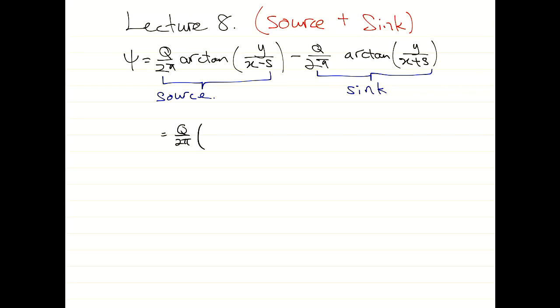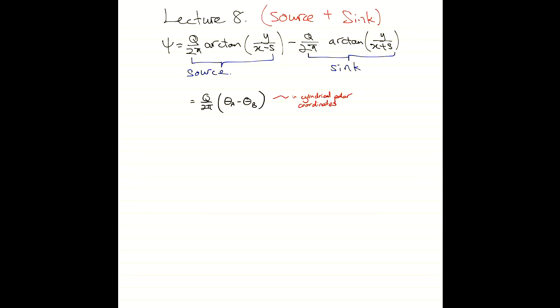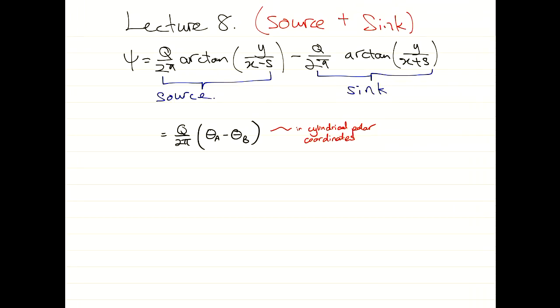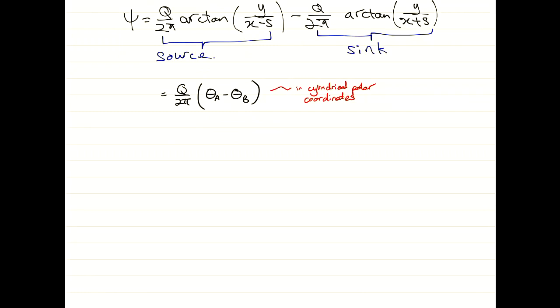So I'm just going to get theta a minus theta b, and we know that this has to be a constant for a streamline.